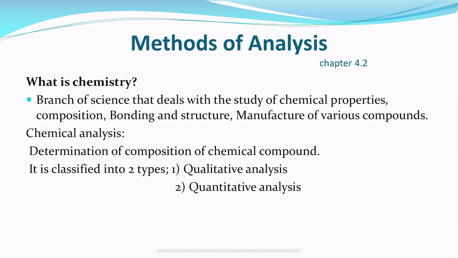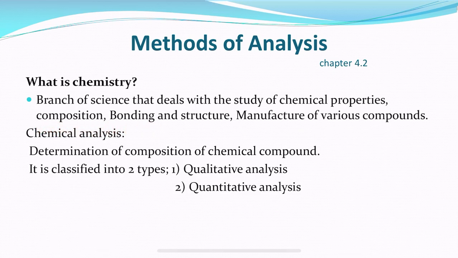For that purpose, we use different techniques to study the chemical properties, that is, how it is going to react with others, whether it has an acidic property or a basic property. Also the composition, that is, what elements and what ions are present in it.